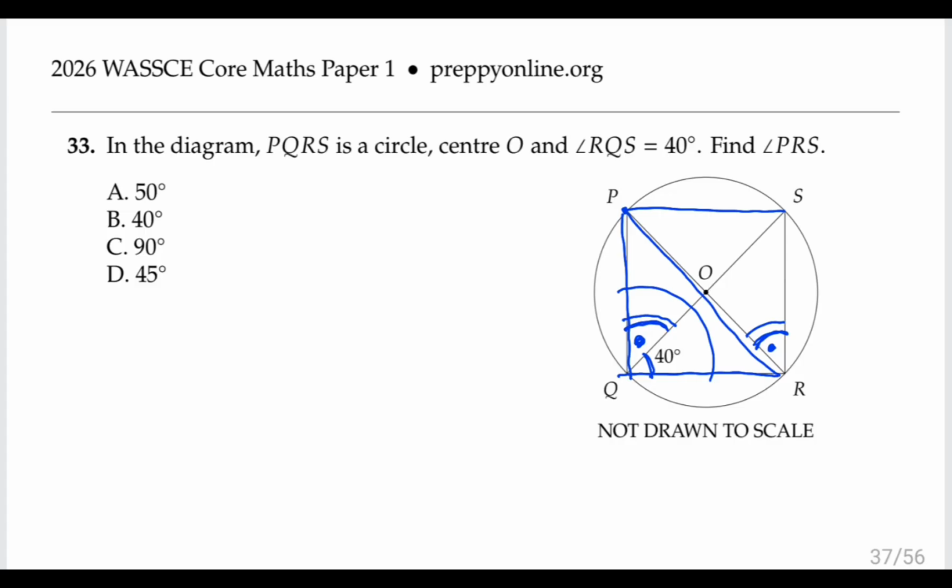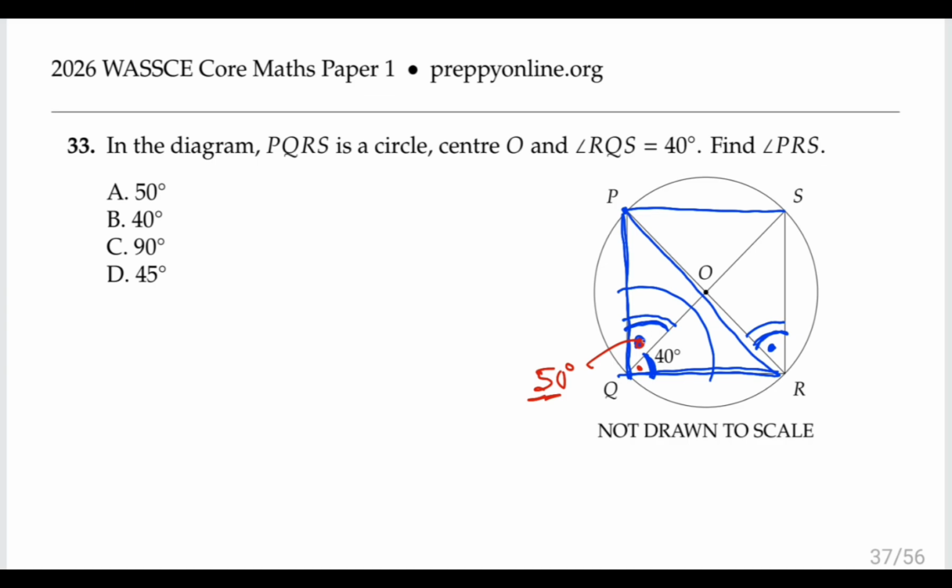This is one of the circle theorems, that the angle subtended by a diameter at the circumference is 90 degrees. So if this angle is 90 degrees and part of it is 40 degrees, then the remaining one, PQS, must be 50 degrees. So this angle must be 50 degrees because this angle plus this angle is 90 degrees.